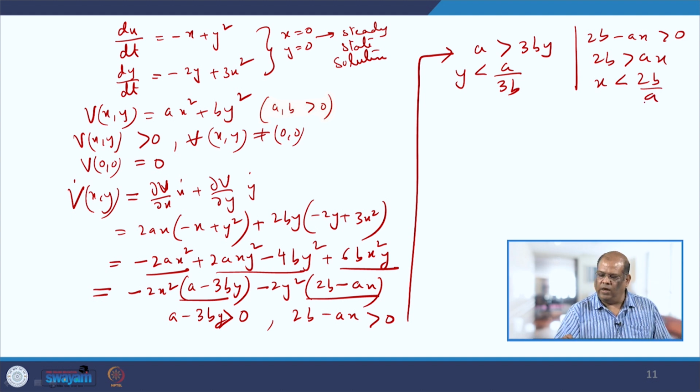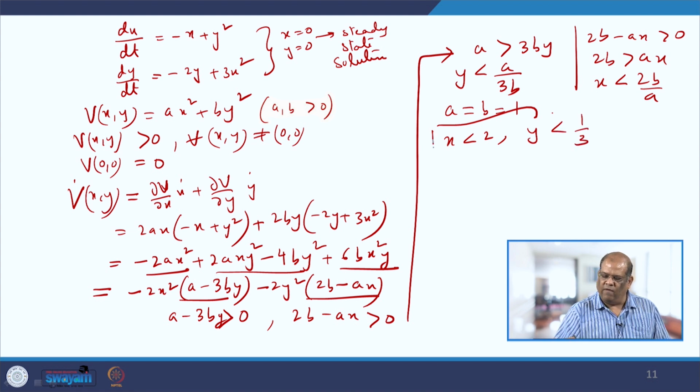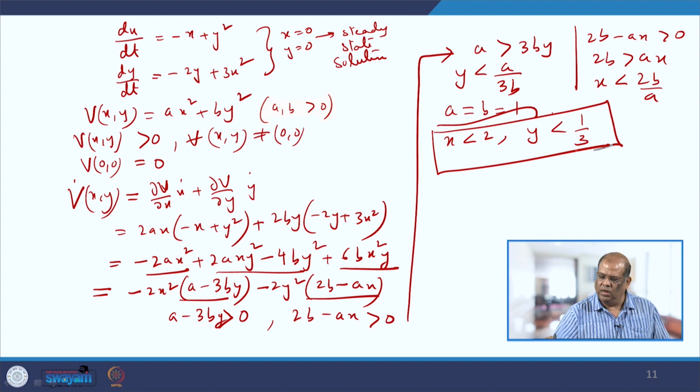So, if I choose again my a equal to b equal to 1, then I get x must be less than 2, y must be less than 1 by 3. So, if this condition holds, then your V dot is less than 0 and I can say that V dot is negative definite and hence the system is locally asymptotically stable.